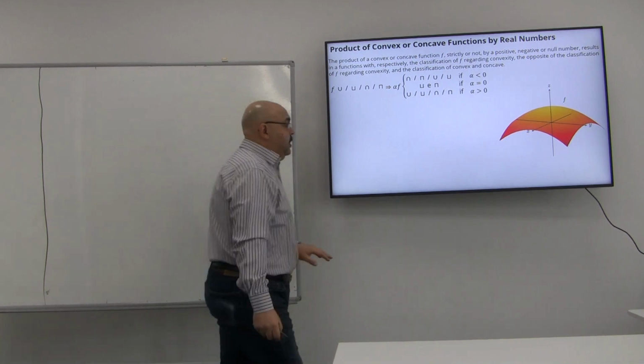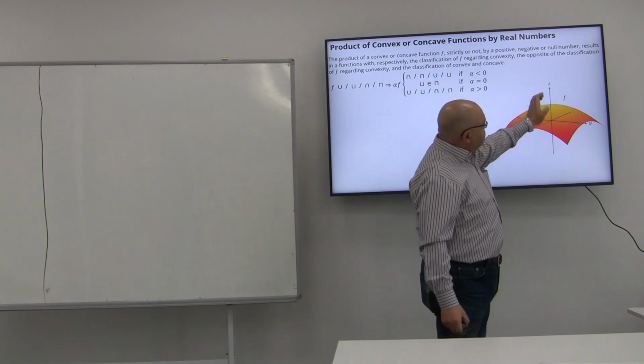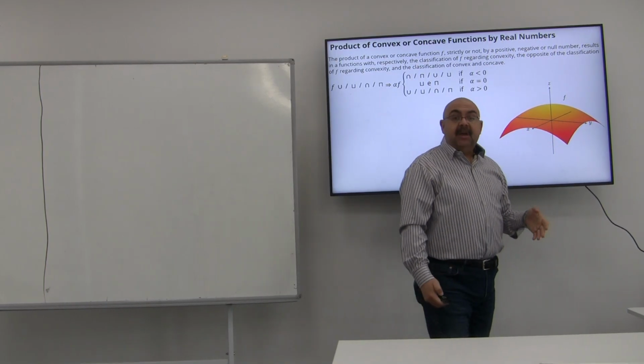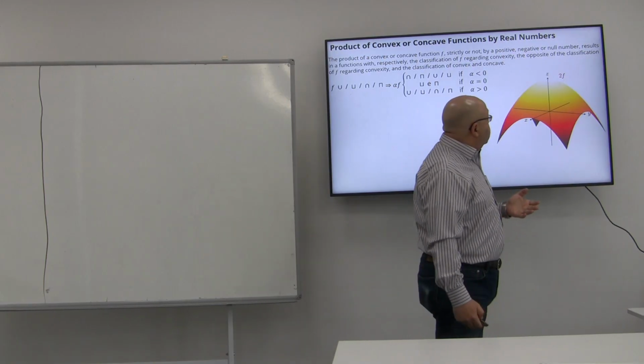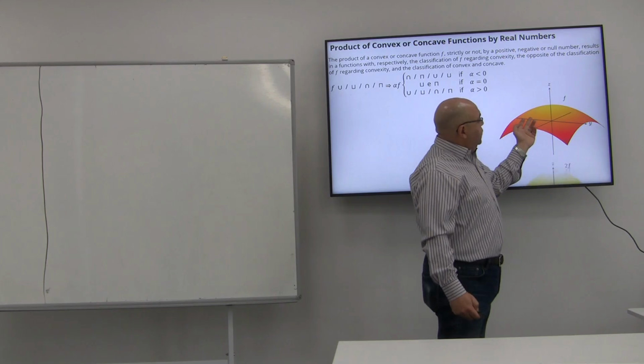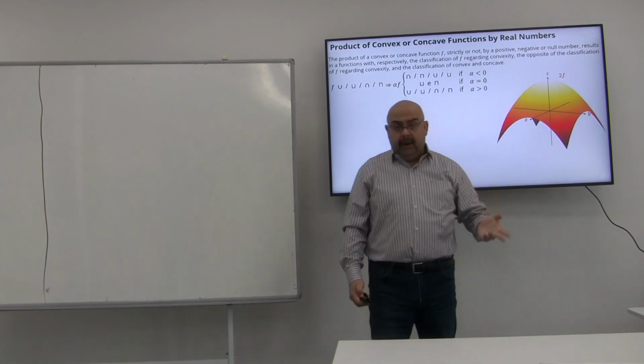This will appear from here. If you look at f, we have a concave function. If you multiply by 2, all that's going to happen is increasing the concavity degree, as you can see. So here's f, and here's f once we multiply by 2, the concavity will increase.